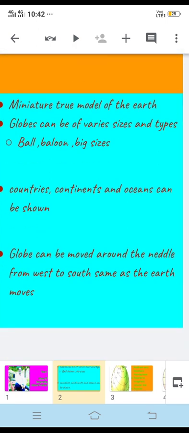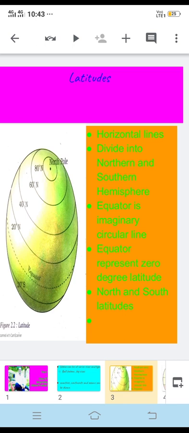Then we'll be moving towards the next point, that is latitudes. So what are latitudes? Parallels north of the equator are called north latitudes. Latitudes are horizontal lines. If you see the globe, those horizontal lines can be called latitudes.